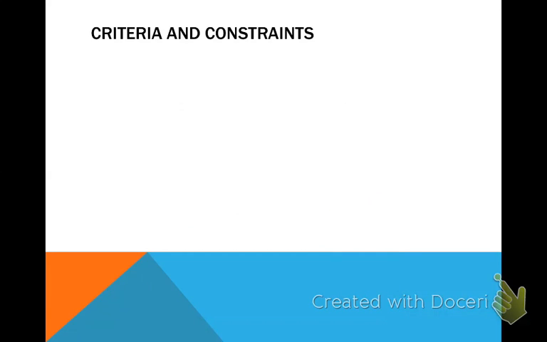Now, to finalize, we've got a couple more slides. To understand what we're dealing with, we've got to understand criteria and constraints. Again, if I was building a computer and I said I wanted it no more than $1,000, we are putting constraints on that. I don't want it to go any farther. Now, having criteria means I want it to be made of thin metal that's durable.